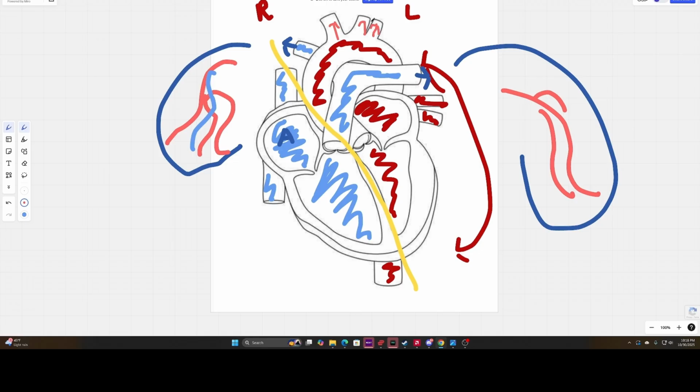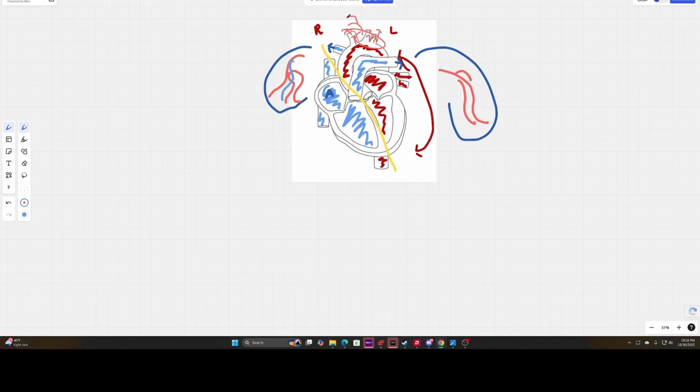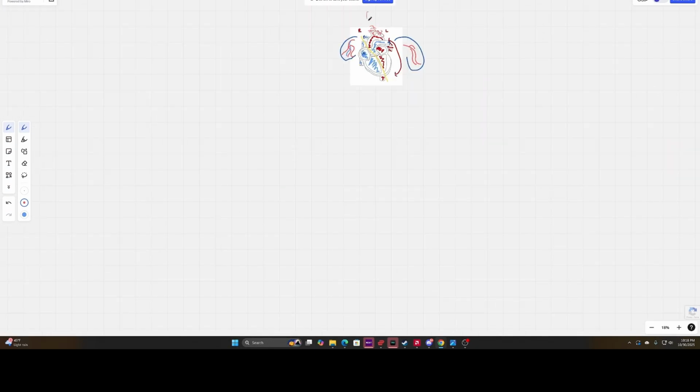So, your aorta and the descending aorta are part of the same structure. Because they are arteries, remember, A for away, they're going to take blood away from the heart. The upper part of the aorta will help supply the upper part of your body, like your head, maybe your arms and stuff.